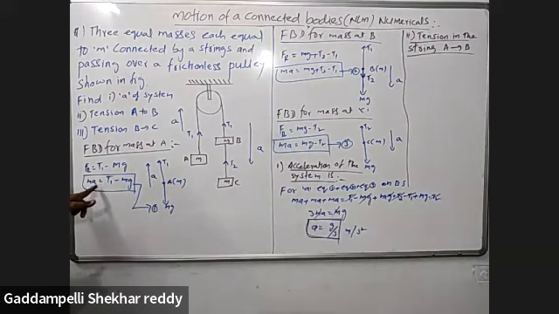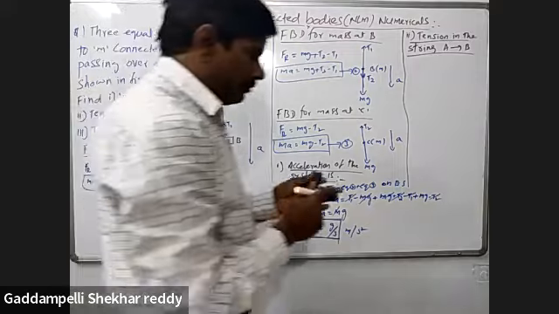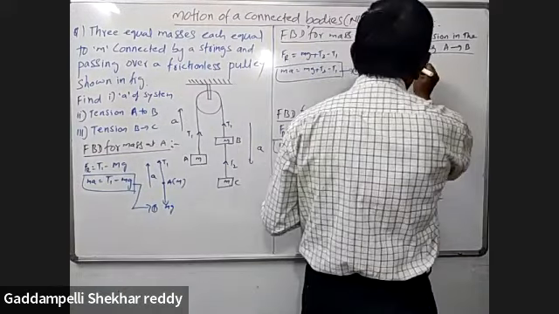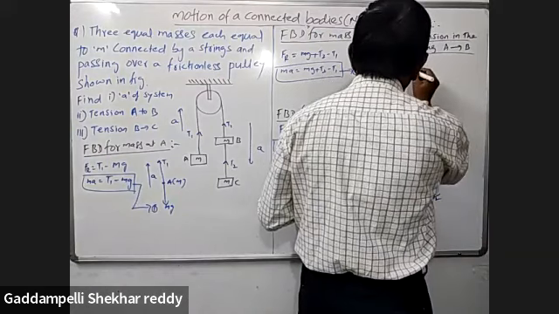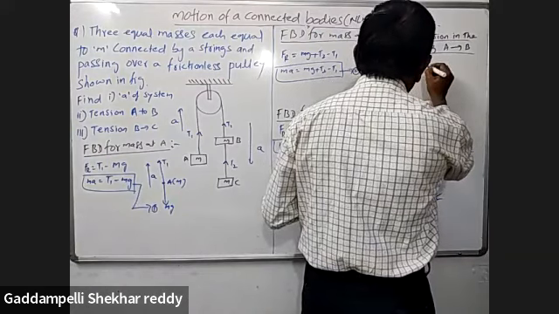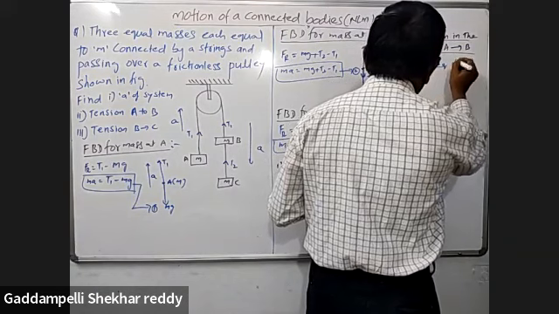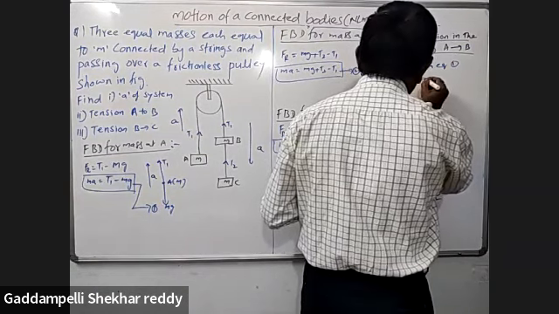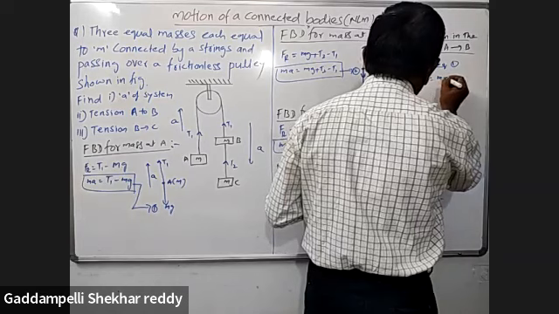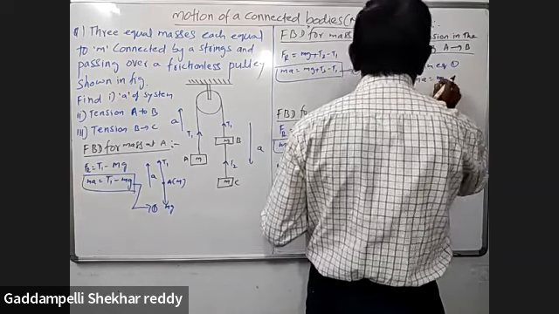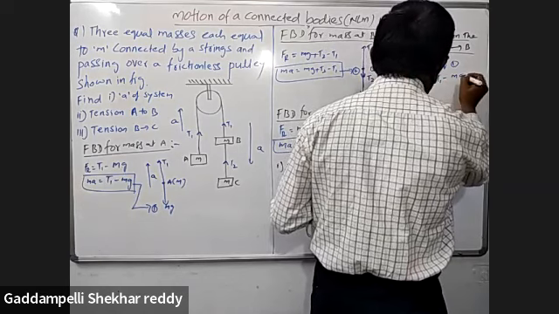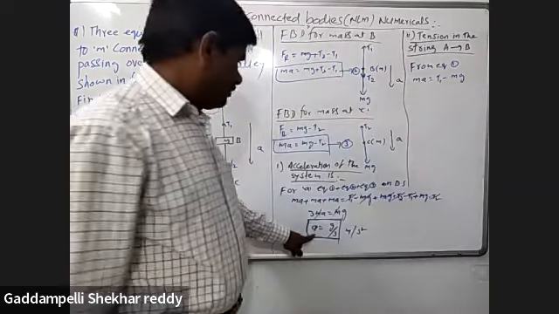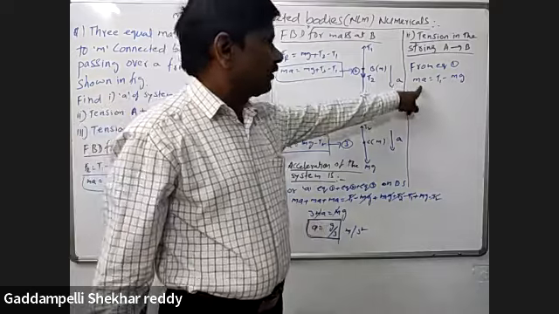So here, in the first equation, T1 we will directly find. From equation 1, MA is equal to T1 minus mg, where the A value is substituted in this equation.